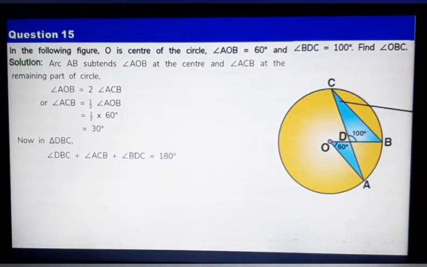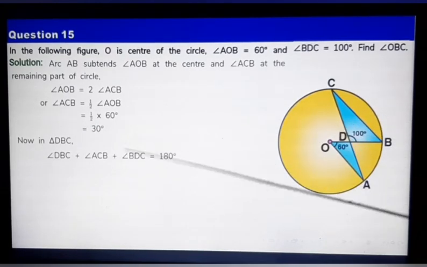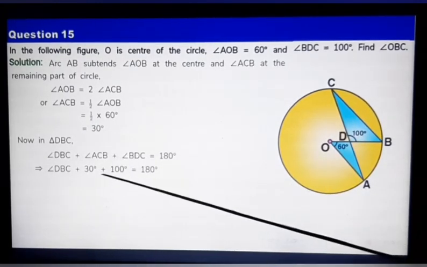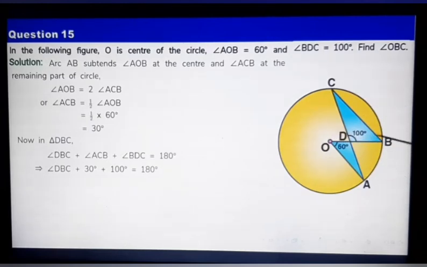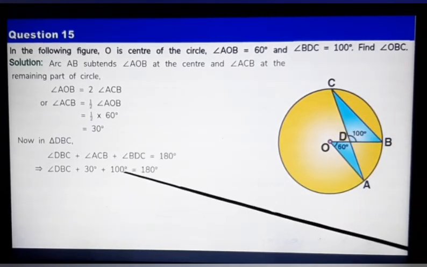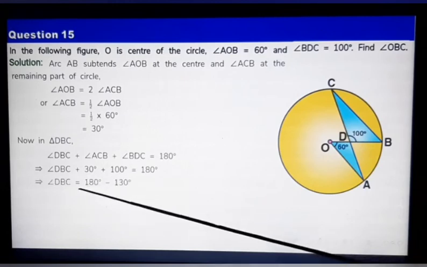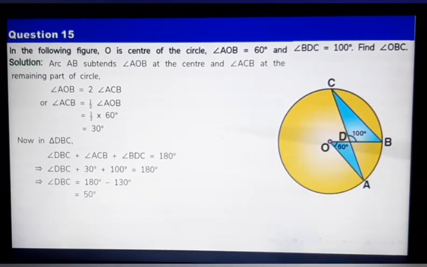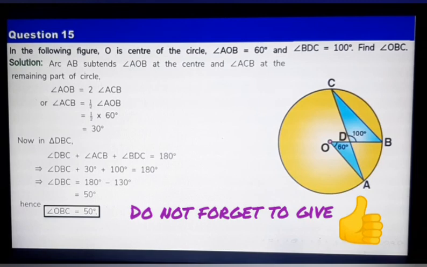This is 30 degree, and we have BDC, which is 100. So ACB is 30 degree and BDC is 100 degree, so from here DBC turns out to be 50 degree. DBC means this angle. DBC is also known as OBC. So OBC will be 50 degree.